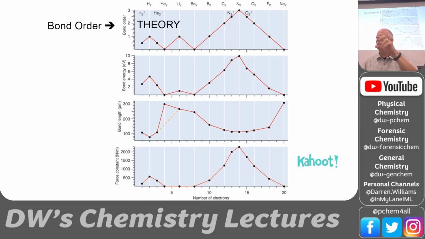It's because of where we're removing the electrons. If we're removing electrons from an antibonding orbital, the bonding should get stronger. And if we're removing electrons from a bonding orbital, the bonding should get weaker. So that's the theory. Everybody's nodding their heads, I see, because you understand the theory of bond order. Look at the data. This is the bond energy. So if we're going to break that bond, it fits.